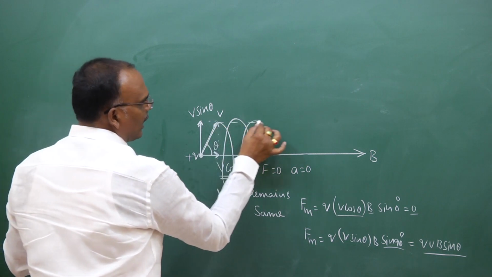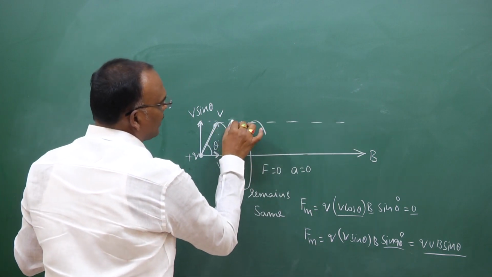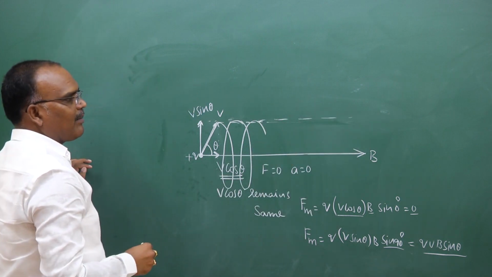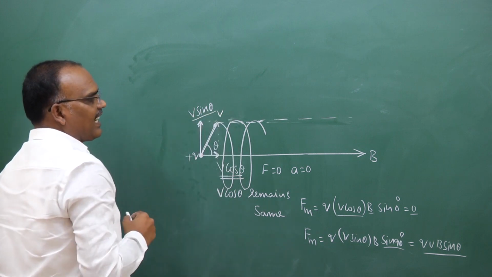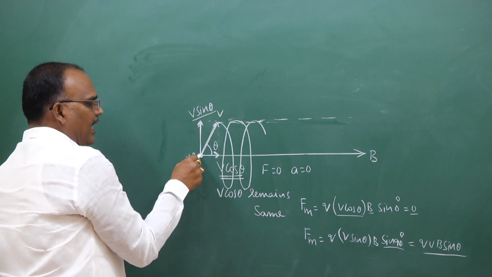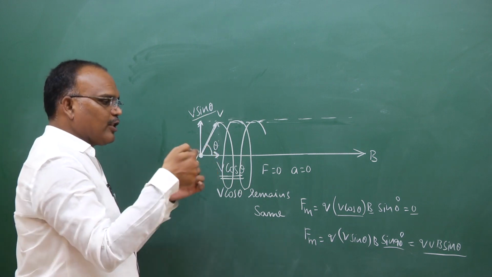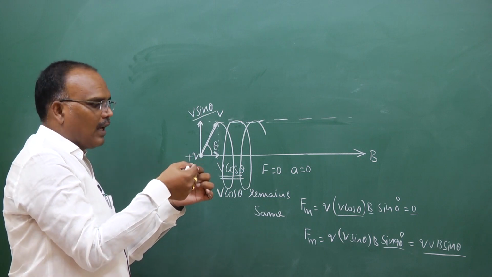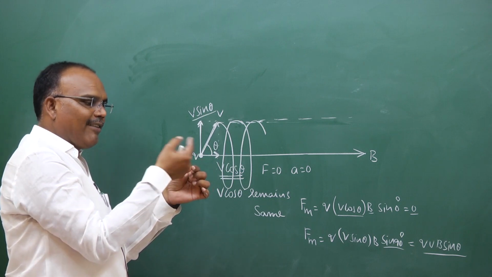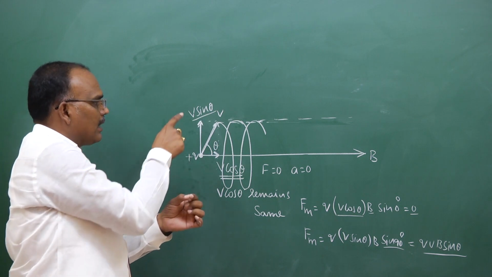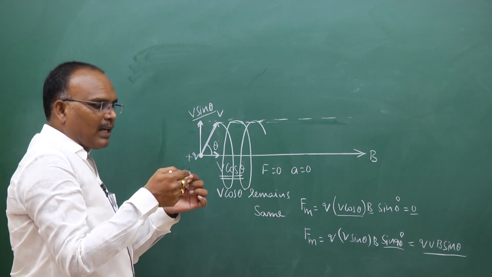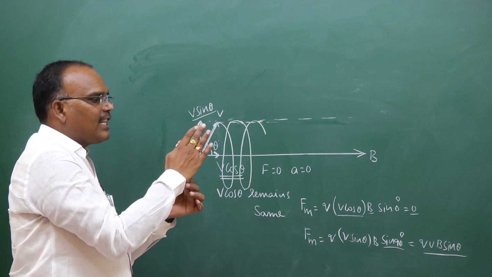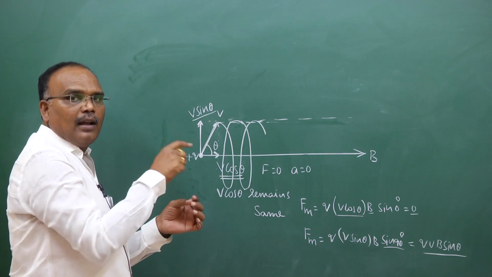Here it is very important: the radius of the circular path remains the same because v sin theta is constant. The magnetic force acting towards the center acts as a centripetal force. This centripetal force develops a centripetal acceleration. This is accelerated motion, but this acceleration and force are involved in changing the direction of the charged particle.